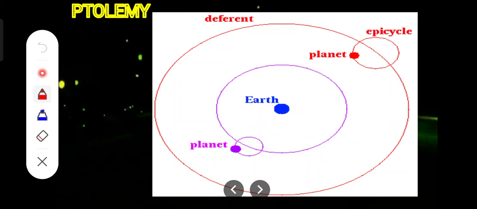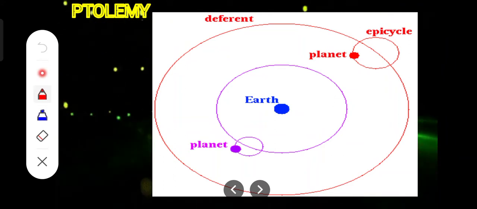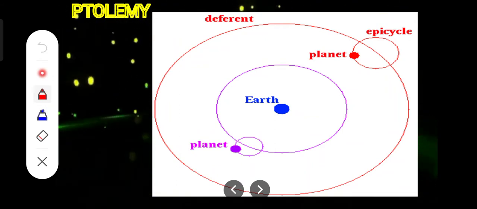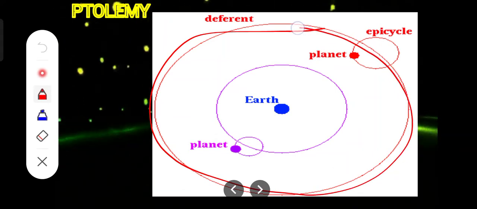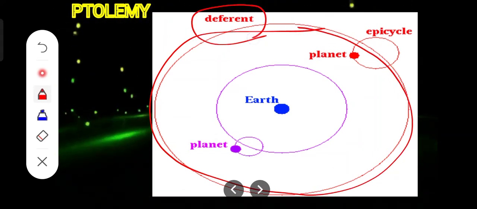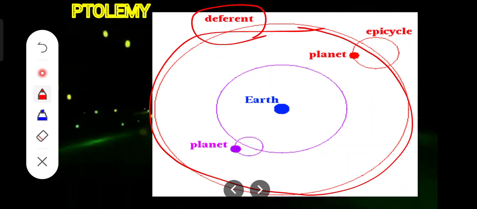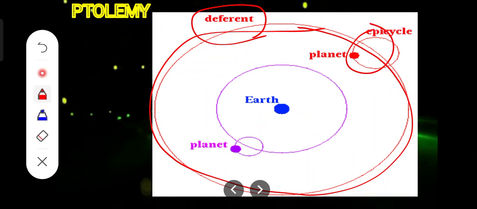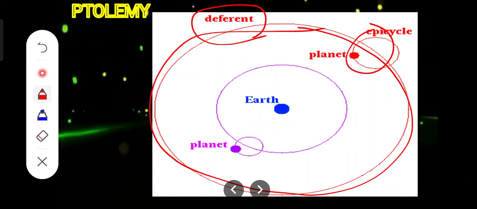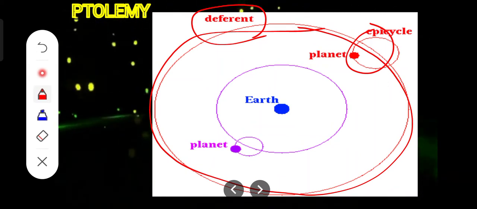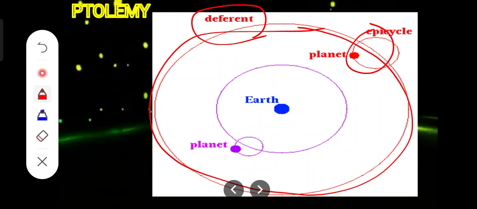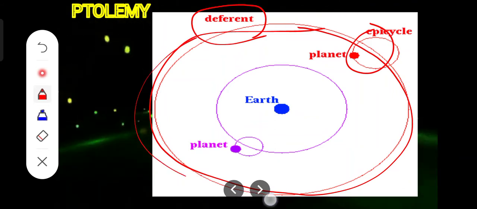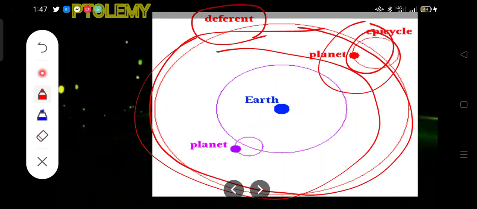And he also assumed that the planets are revolving and rotating in their axis. But he specified what are those axes. So the axis that is used for revolution is named deferent. And for rotation is epicycle. Okay, so he assumed that the planets are revolving around the deferent and rotating on their epicycle.